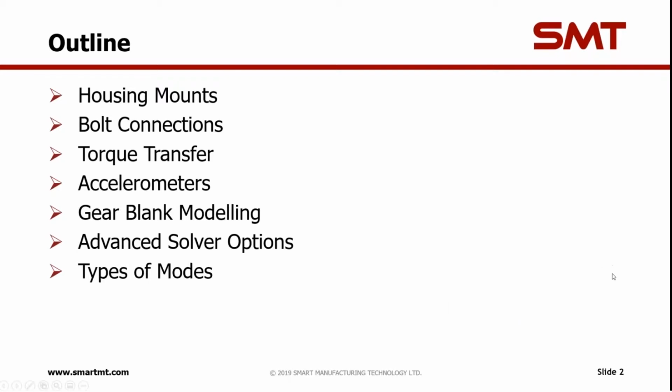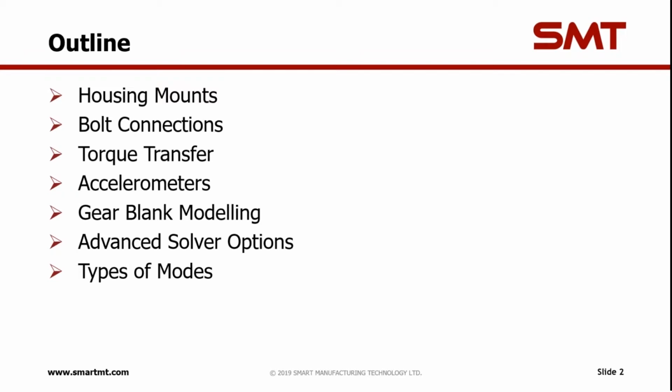So this is just an outline of the main topics I'm going to cover today. There's lots of different small topics, so hopefully there'll be something of interest to everyone. First of all, I'm going through housing mounts, so how we can either ground or model flexible mounts within a housing in FE mode.